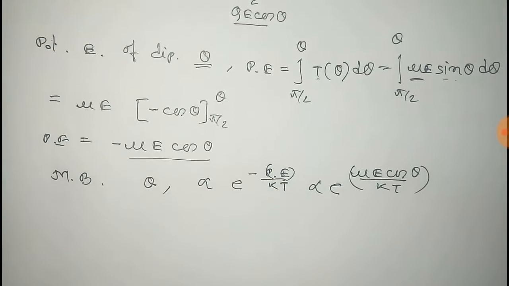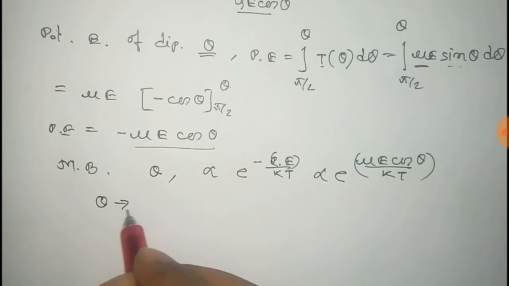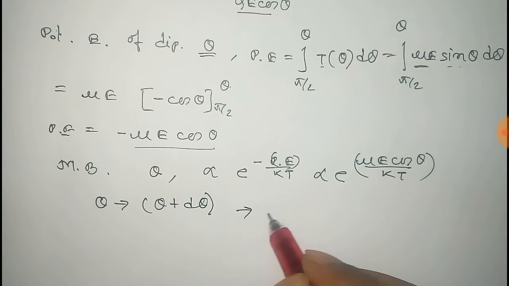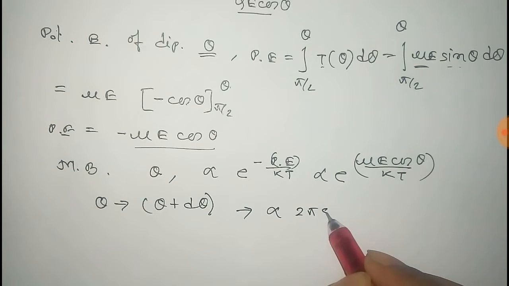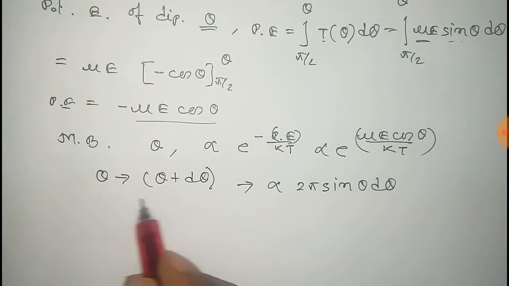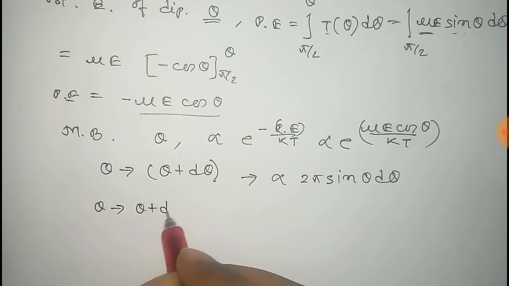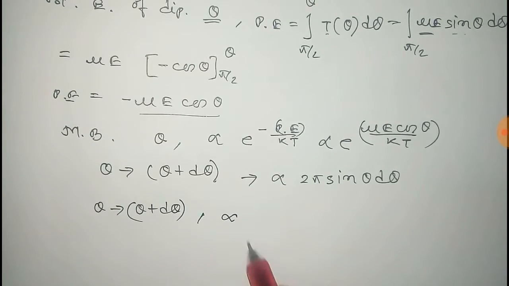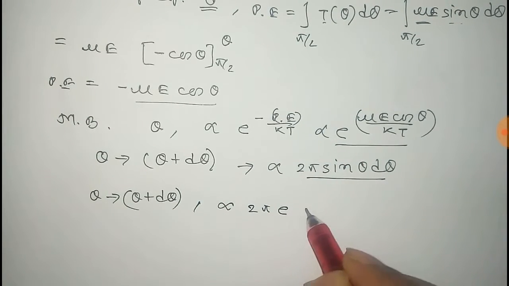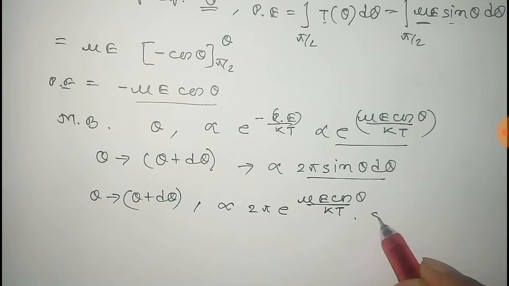Similarly, the probability of finding the dipole between the angle theta to theta plus d theta is proportional to the solid angle, that is 2 pi sin theta d theta. So the combined probability of finding the dipole between theta and theta plus d theta is the product of these two quantities, that is 2 pi e to the power mu E cos theta by kT into sin theta d theta.